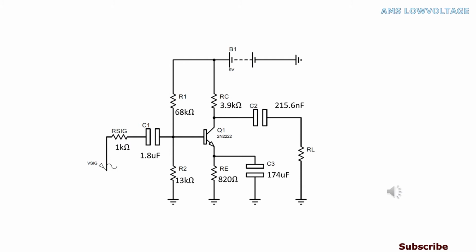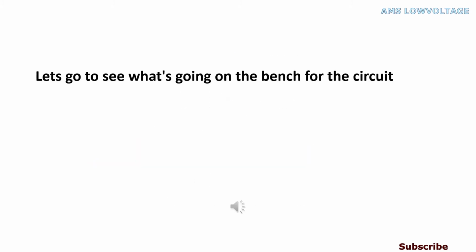Finally, we've finished our calculation for this common emitter amplifier circuit design. With all the component values, the circuit looks like this. Let's go to see what's going on the bench for the circuit.